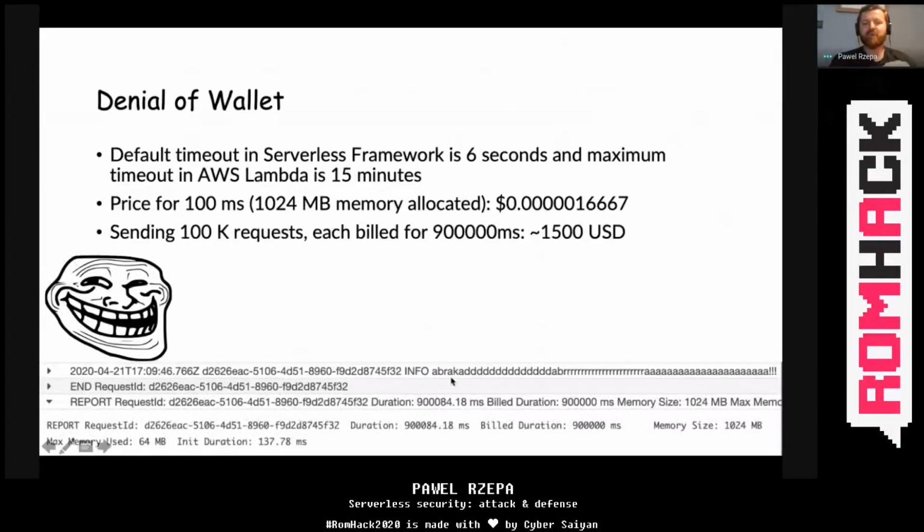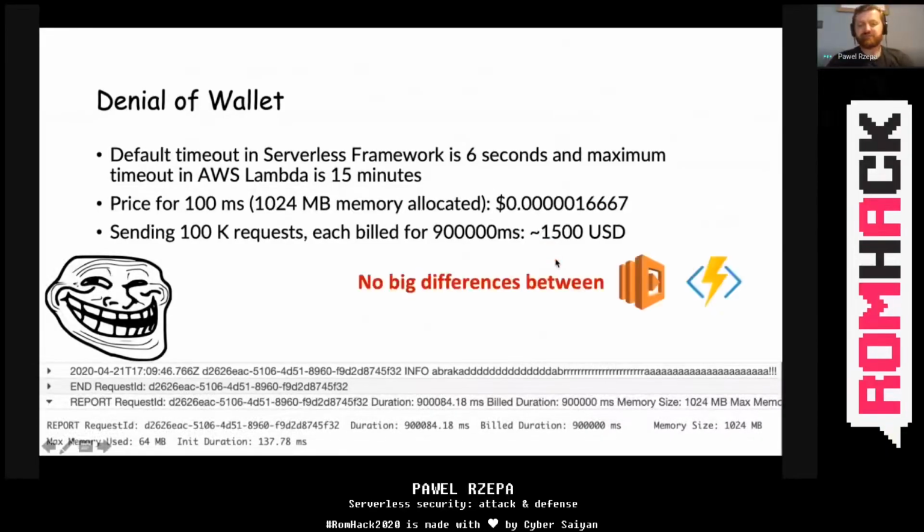If you loop uploading the file named abracadabra like here 100,000 times, and let's say that Bob created a 15 minute timeout, then it would cost the victim $1,500 US dollars.